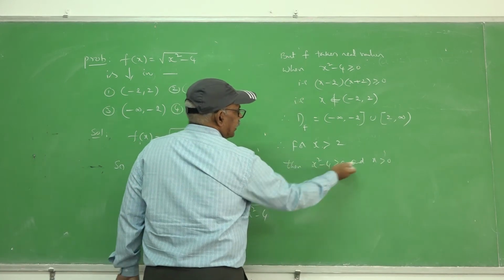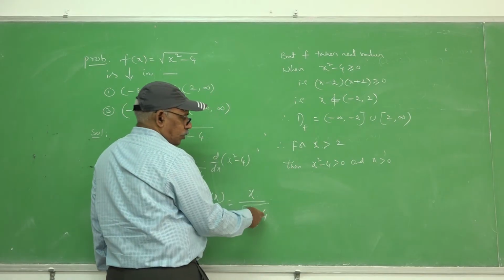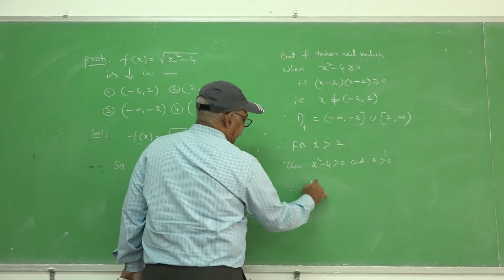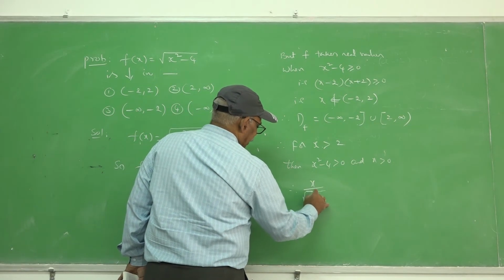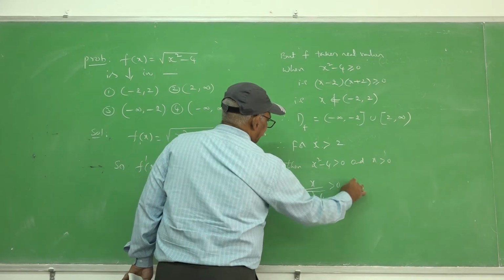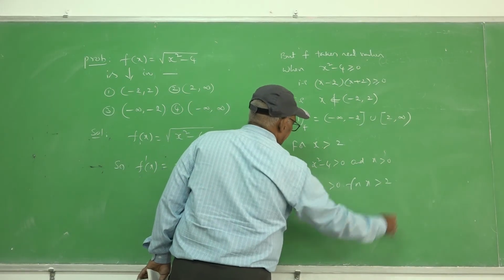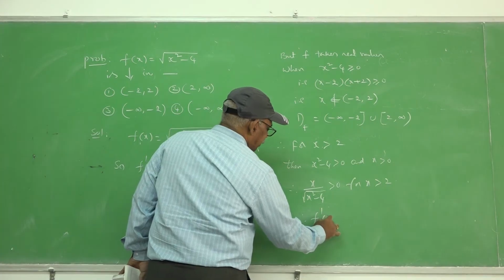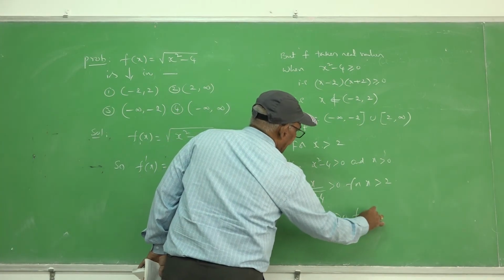X more than 2 means both x and x square minus 4 are positive. Therefore, x by square root of x square minus 4 is positive. F dash x is positive for x greater than 2.